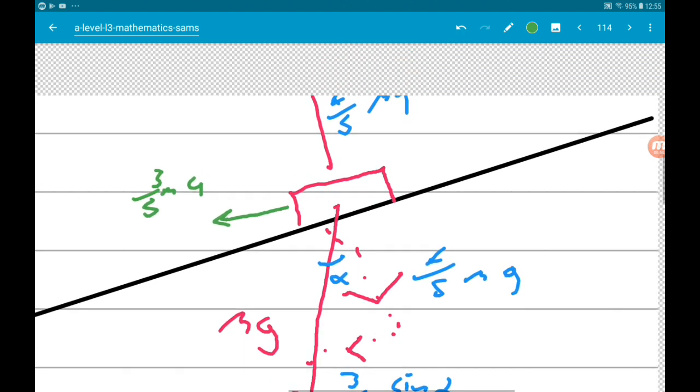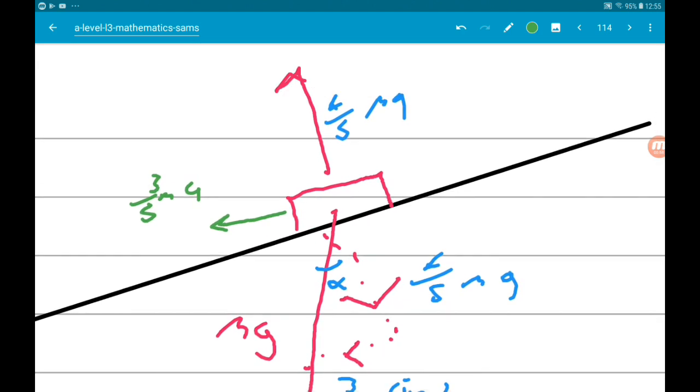Now, fighting against that will be friction. So we know the friction now, because we know mu, the friction was mu times 4/5 mg. Now that we know mu, it's 1/4 of that, so that's 1/5 mg.